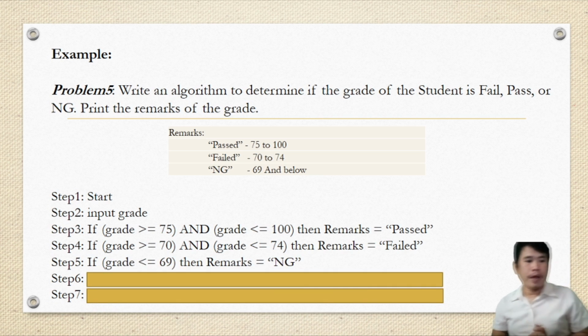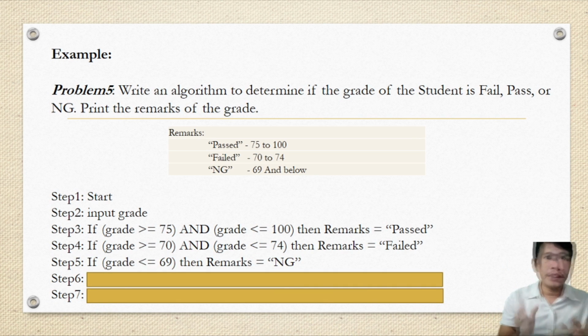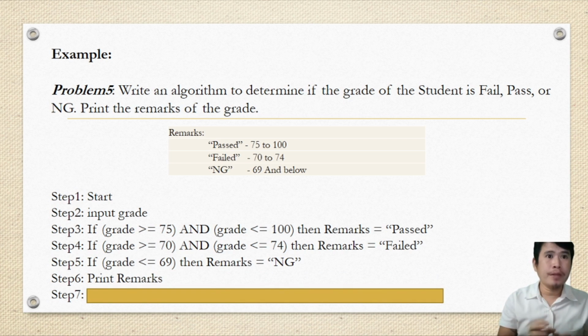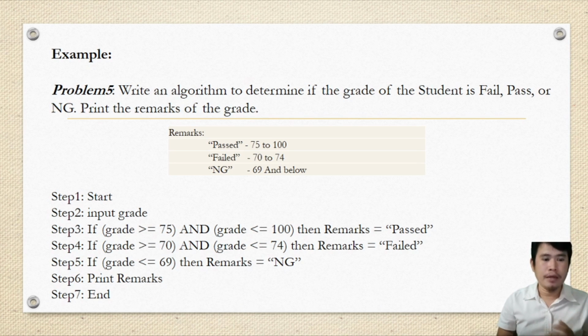Then, step 5, if grade is less than or equal to 69, meaning 69 and below, then remarks is NG or no good. Then step 6, print whatever the remarks is. And then step 7 is end.